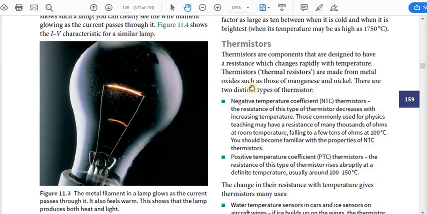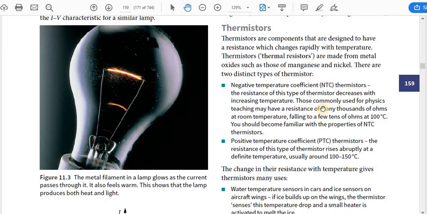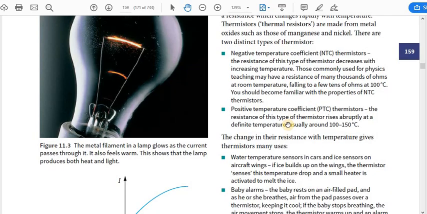Remember the materials. There are two distinct types of thermistors. I already explained that, so you can go through it. Then PTC also I explained. The resistance of this type of thermistor rises abruptly at a definite temperature, usually around 100 to 150 degrees Celsius.